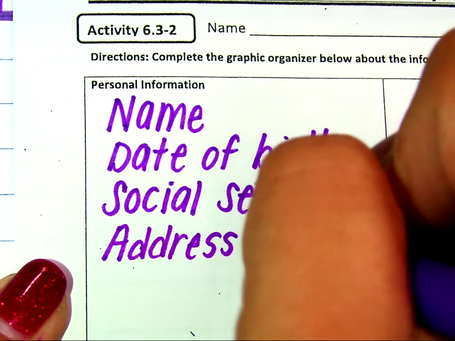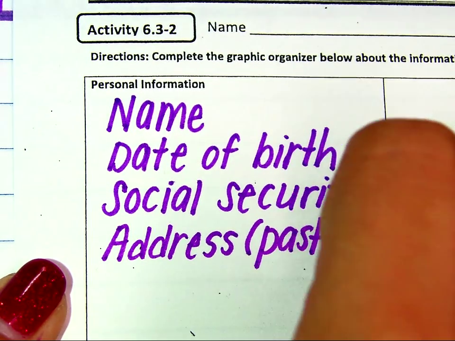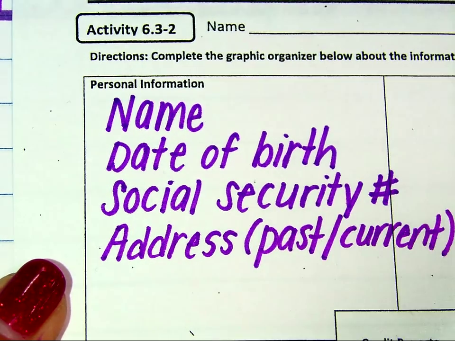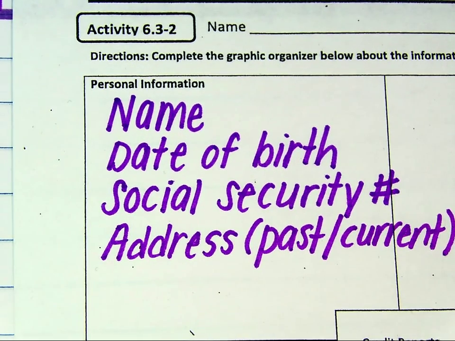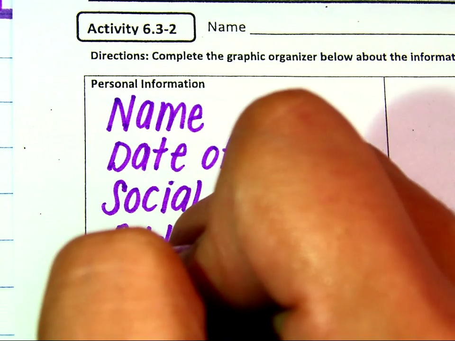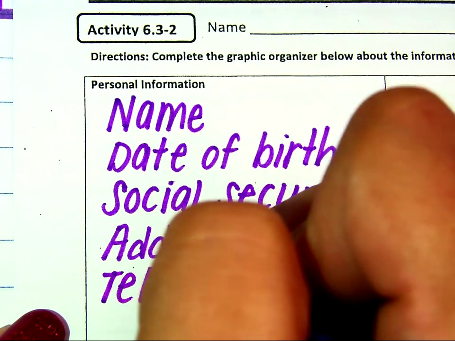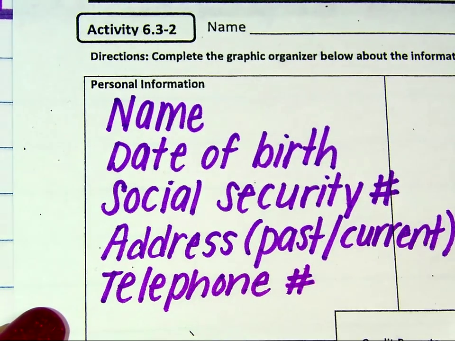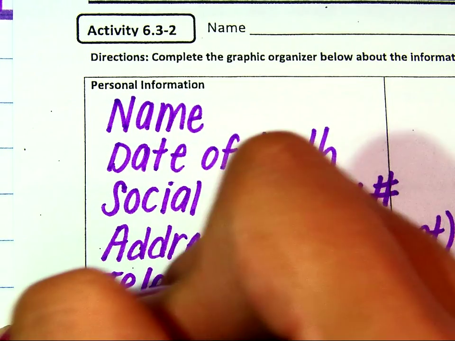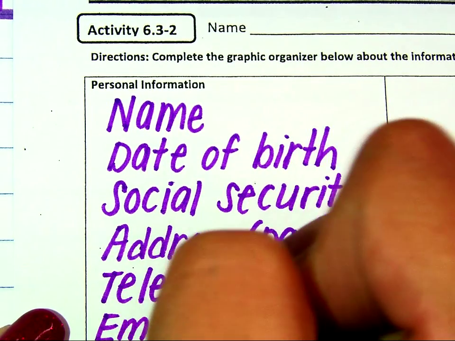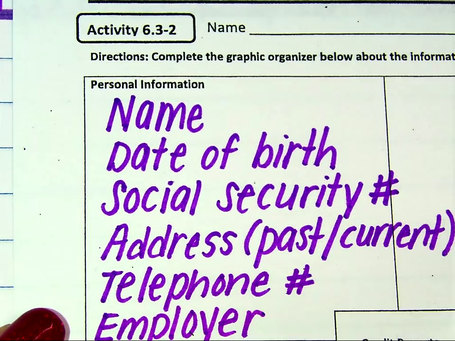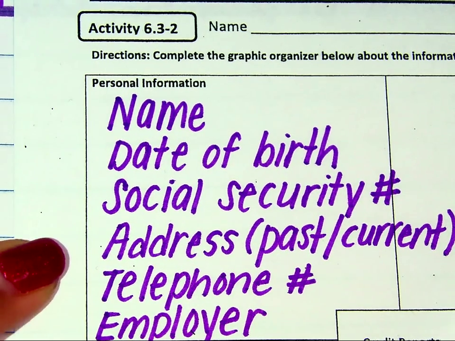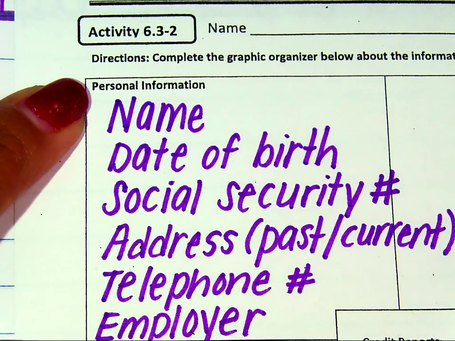Your address will include both past and current. It will also include your telephone number, and who your employer is. So when you look at a credit report, all of this information will be there under personal information.